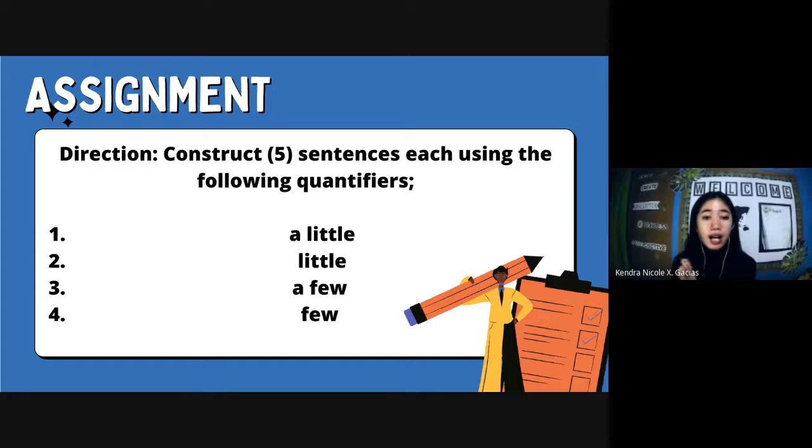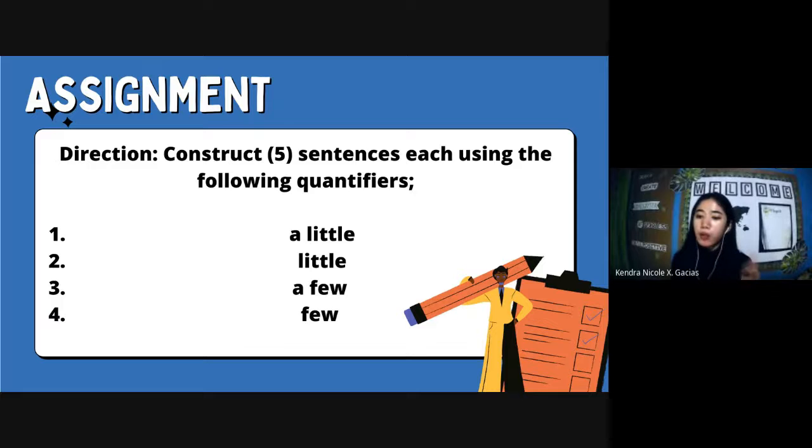So, I think I will add the exception that we have discussed. So you will construct five sentences each using the following quantifiers. So these are the four quantifiers that we have. But then we have the exception, few and little.